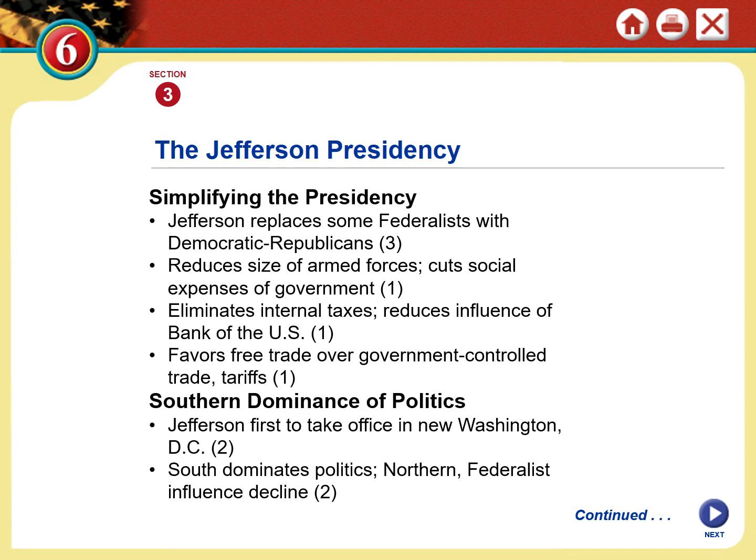And the federal government can be small enough to not even have to tax the American citizen. He believed that all taxes necessary for the functioning of a federal government can be collected through international trade by means of tariffs. As president, he reduced the influence of the Bank of the United States, and he was also the first president to take office in Washington, D.C.